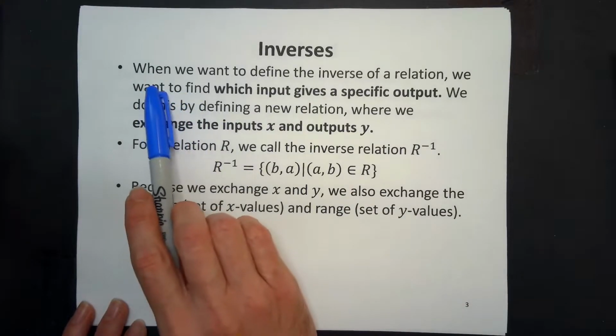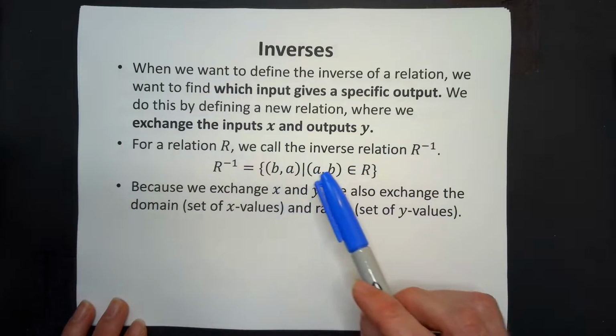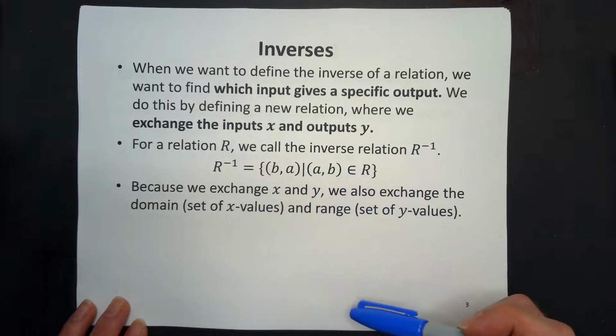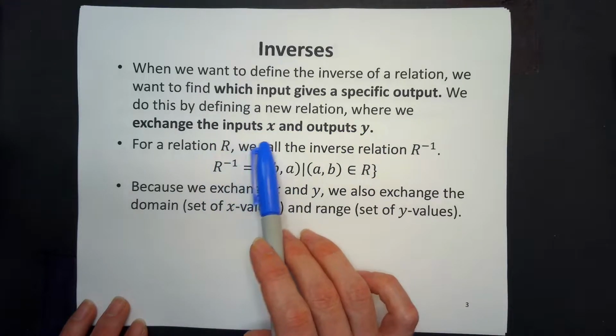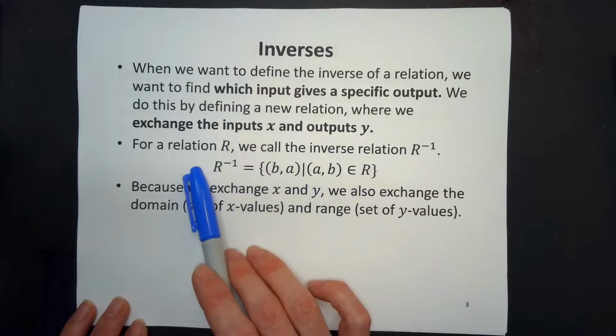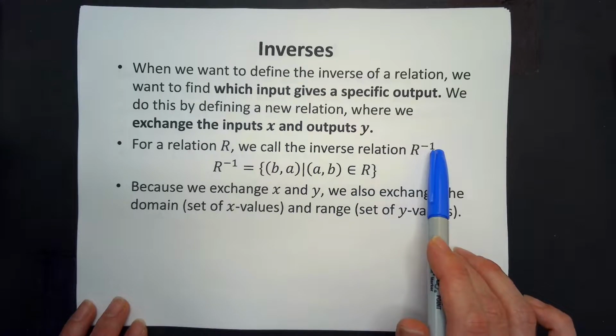When we want to define the inverse of a relation, we want to find which input gives us a specific output. We do this by defining a new relation where we change the inputs x and outputs y. For a relation r, we call the inverse of the relation r to the negative first power.